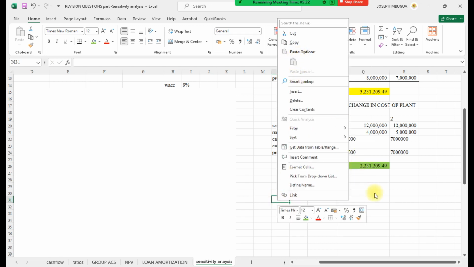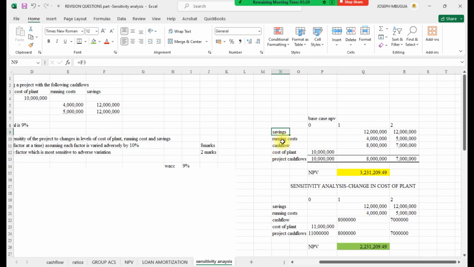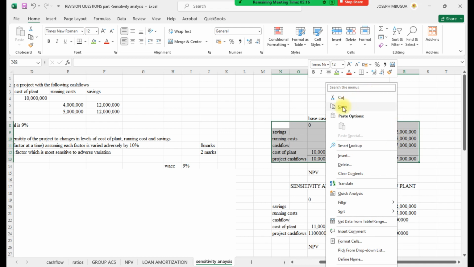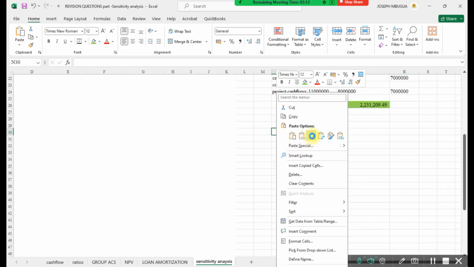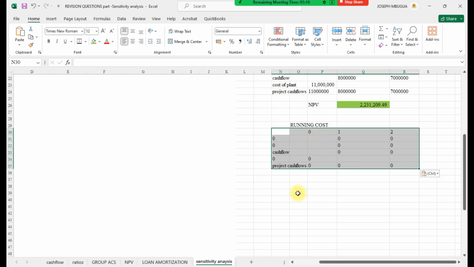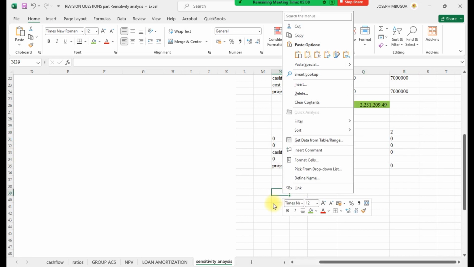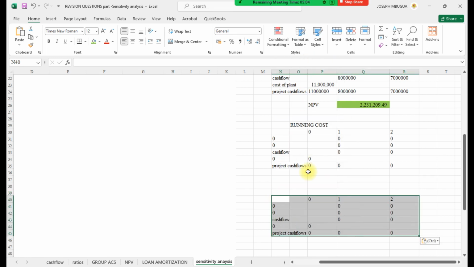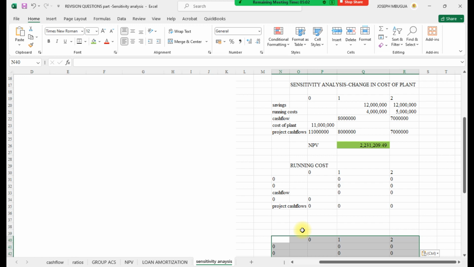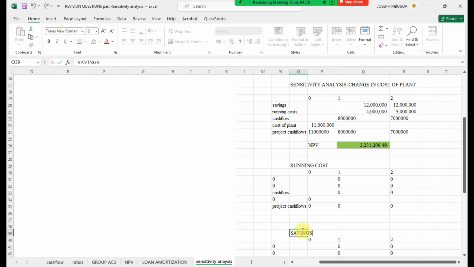If you vary running costs adversely, just copy this and paste it here with the formula, and the other one I'll paste here. So this one will be for savings.